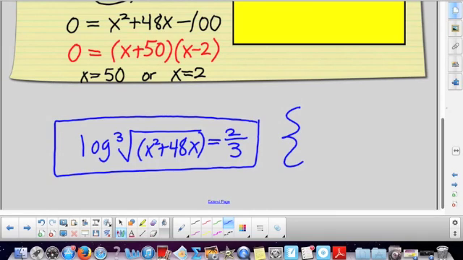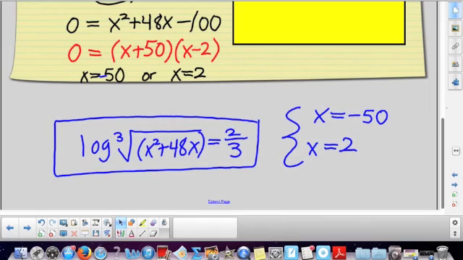So x is equal to negative 50 will satisfy this equation because we are squaring it, and x is equal to positive 2 also satisfies the equation. So very important to plug it back in to check. Is everyone okay with that one? So if you do see a rational exponent on both sides, multiply by the LCD, lowest common multiple, raise it to that power to get rid of it, okay?